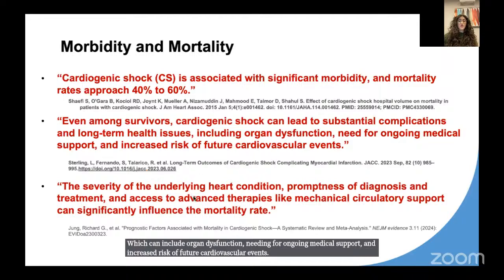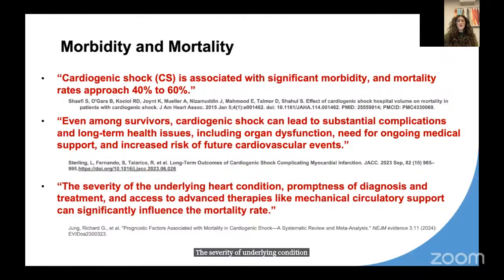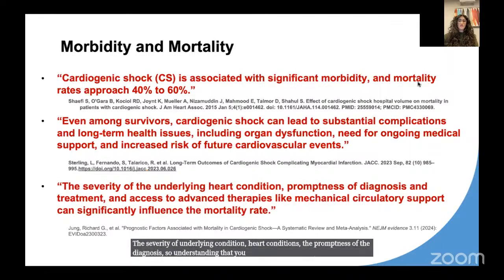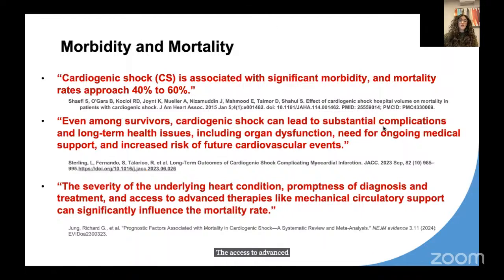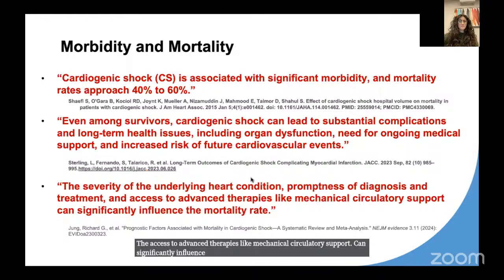The severity of underlying heart conditions, the promptness of the diagnosis, so understanding that if you recognize it earlier you treat it earlier, and the access to advanced therapies like mechanical circulatory support can significantly influence the mortality rate.